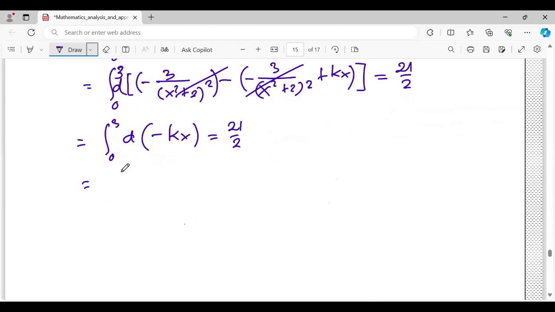Because it is area, it is going to be k times 3 minus k times 0, so plus or minus 3k.